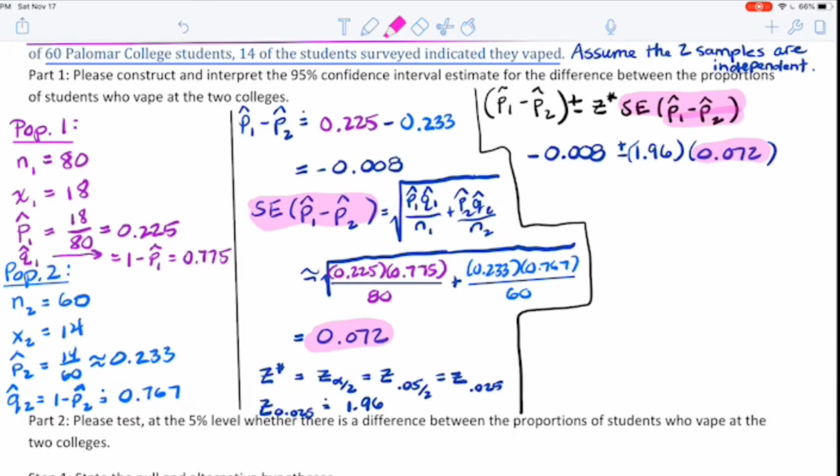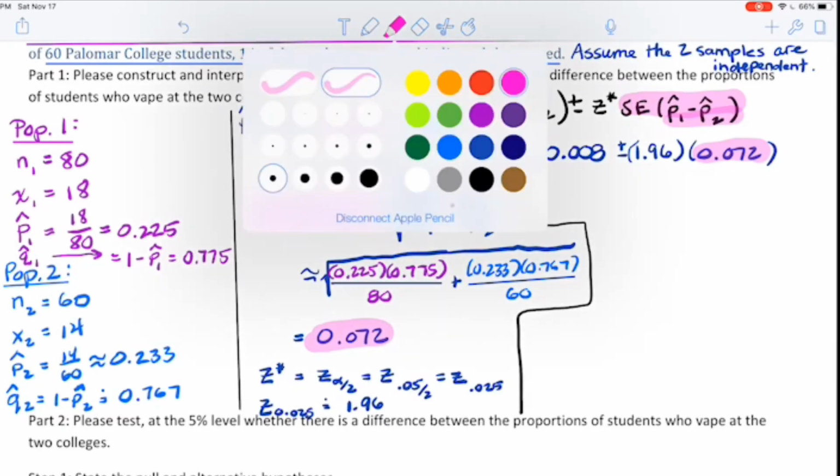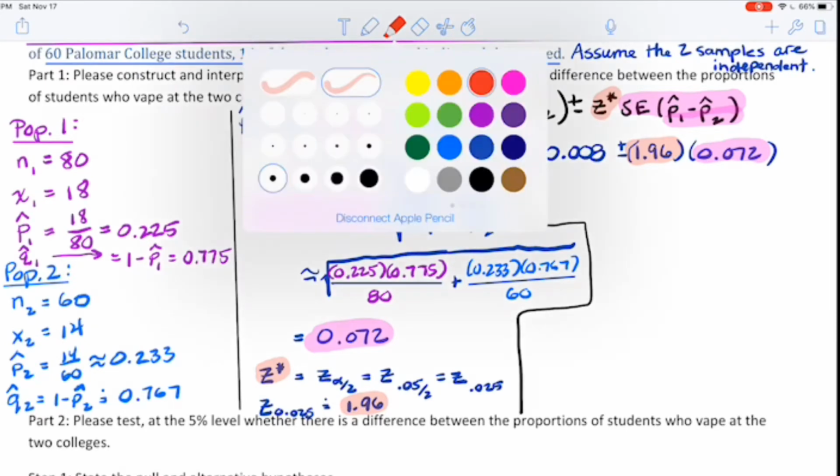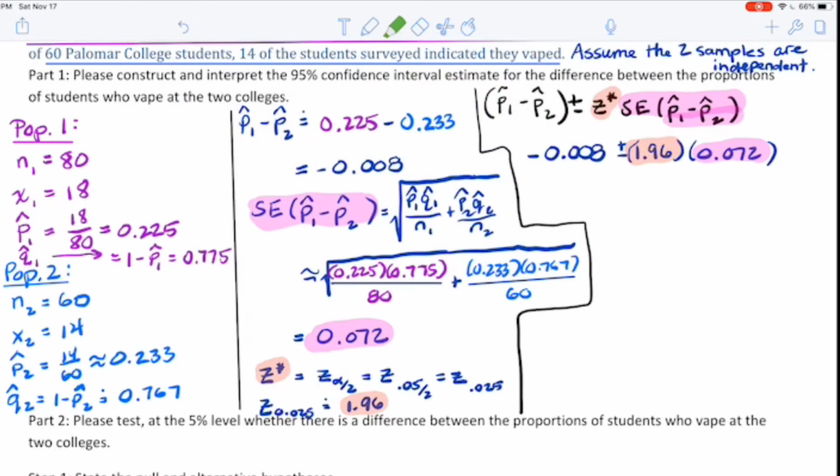And then our z star is the 1.96, and we got this over here, doing this work here. And then we also have our p hat 1 minus p hat 2 was negative 0.008. That's one nice thing about getting everything you need right away.